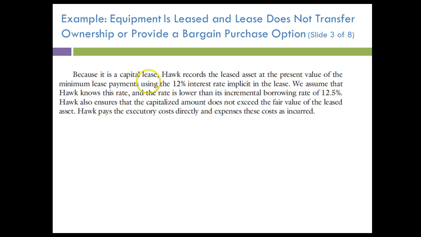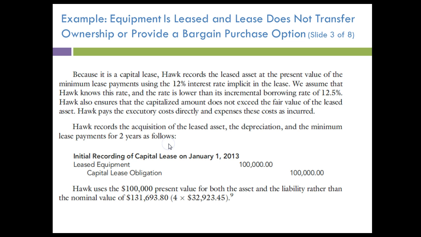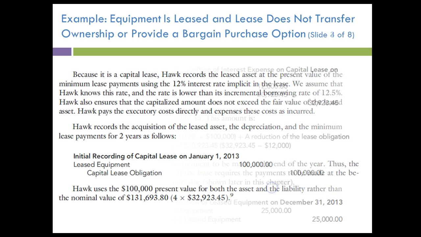Hawk is going to pay those executory costs directly and expense these costs when they're incurred. So recording the acquisition of the lease, we're going to record it as the present value. We're going to debit the leased equipment, and we're going to credit equally that capital lease obligation.